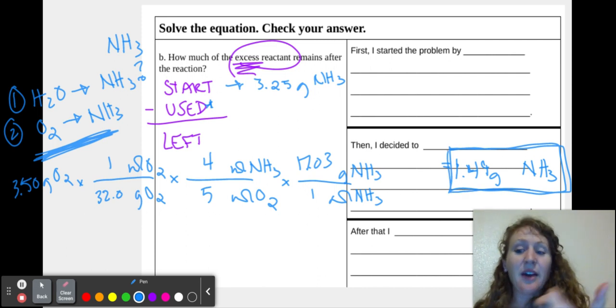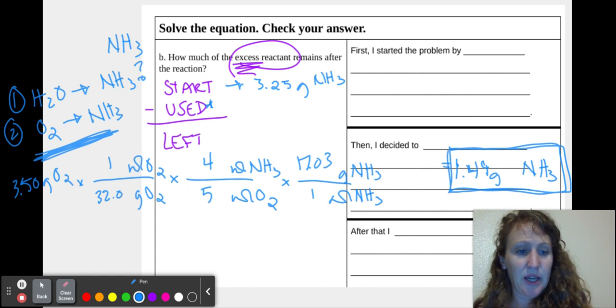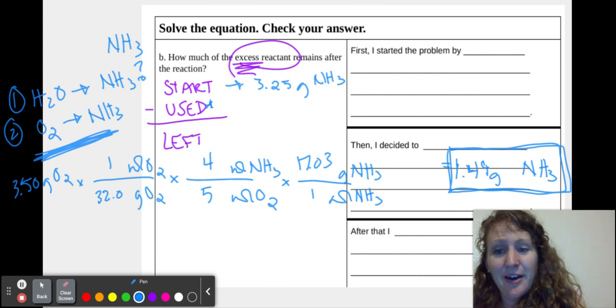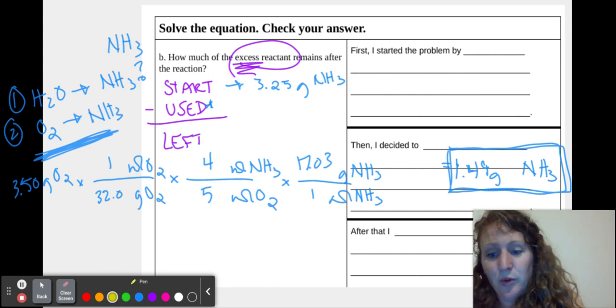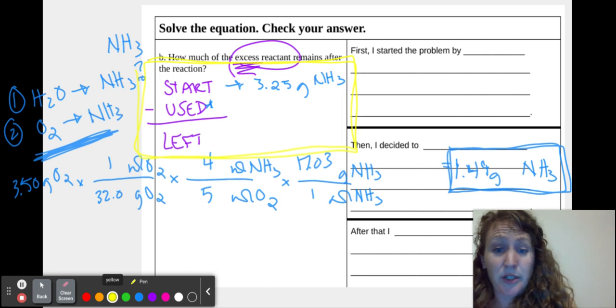Okay, so we have calculated from grams of O2, and we have figured out if I use all of those grams of O2, I'm going to need 1.49 grams of NH3. If I go back to what we were originally trying to figure out, now we have how much NH3 we're going to use.